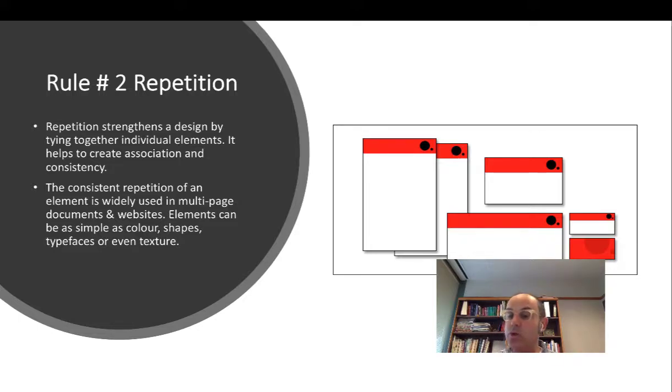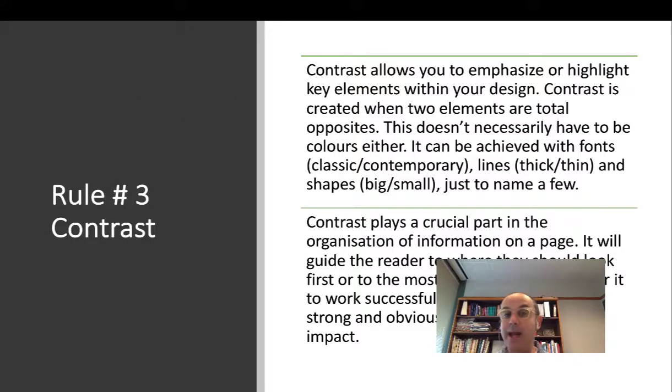Start thinking about it in the upcoming assignment: how can you put your own unique design into it, in order to make a point with regard to repetition and have something stand out.